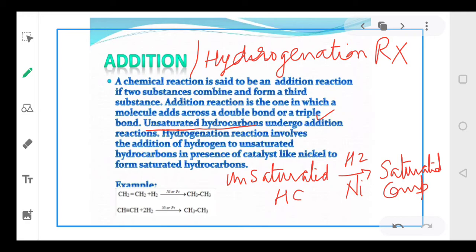Since there is an addition of hydrogen, इस रिएक्शन में हाइड्रोजन ऐड होता है, इसलिए हम इसको hydrogenation reaction भी कहते हैं. So it is a reaction in which unsaturated hydrocarbons in the presence of hydrogen are converted to saturated hydrocarbons.